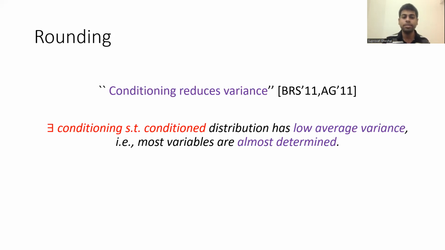So this property says that there exists a conditioning under which the pseudo distribution will end up having low average variance as long as it's defined on a low threshold rank instance. That just means that there is a conditioning for the distribution under which most variables will be almost automatically determined.